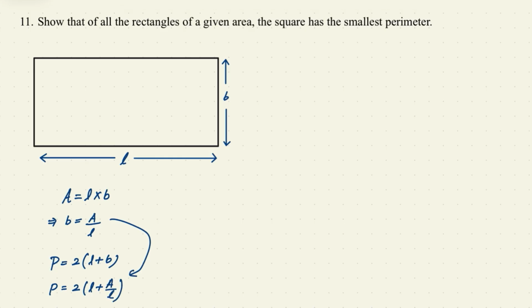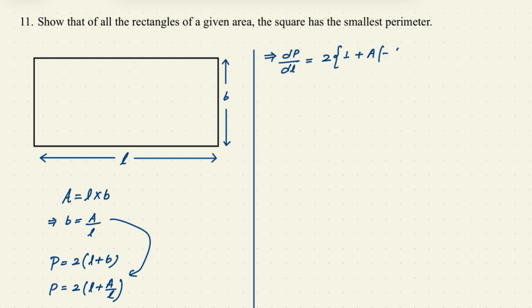Now see, my function is ready where P is a function of L, where A is a constant, and we have to minimize this P. So we will differentiate this P with respect to L. So differentiating both sides with respect to L, then we will have dP over dL equals 2 into (d/dL of L will be 1 plus A into d/dL of 1 by L, which is minus 1 by L square).